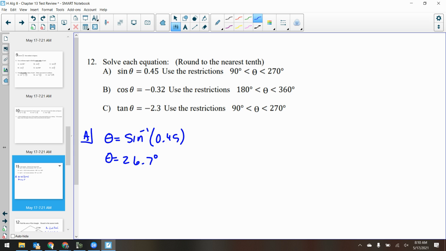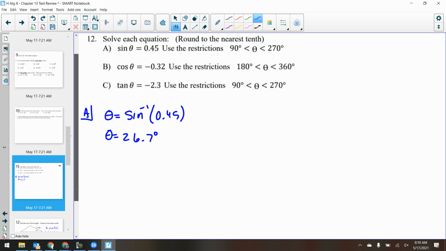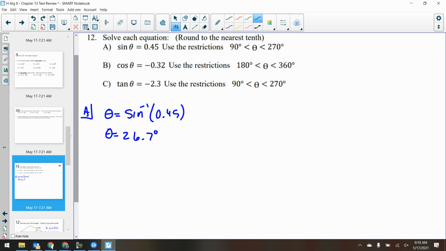No. So the only other place with a sine value, a y value of 0.45, think about it on the unit circle. 0.45, somewhere halfway through. That's why we're seeing a 26 degree angle. And this piece over here would have that same reference angle, that same 26.7.